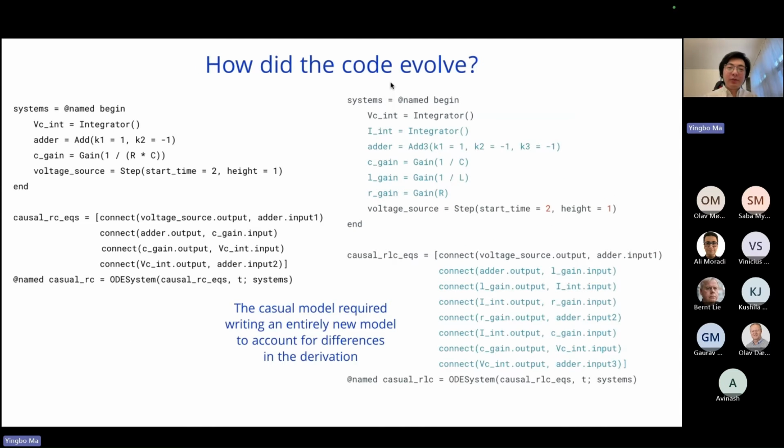And the code for the causal model involves going from the code on the left to the code on the right, right? So the code on the right looks completely different from the code on the left, from just adding a simple modification to the circuit.